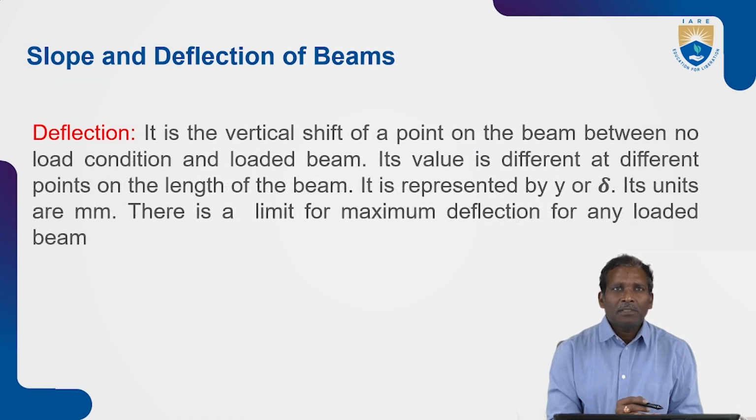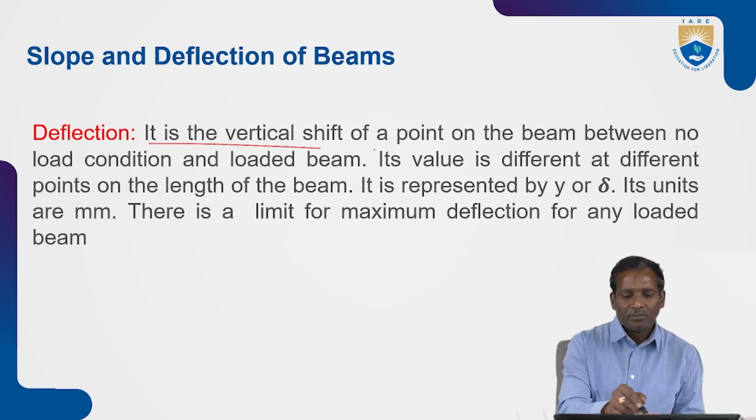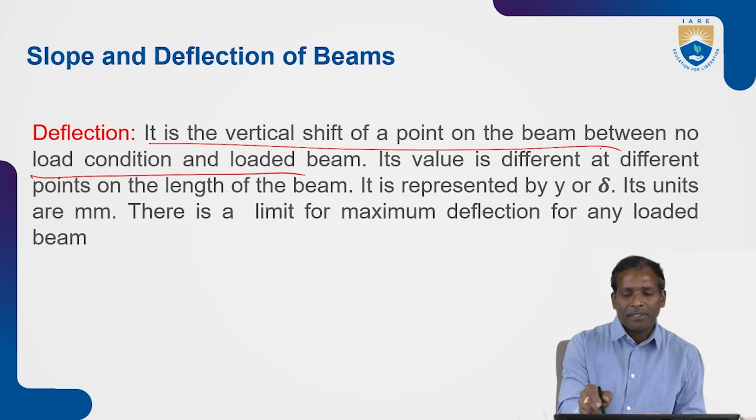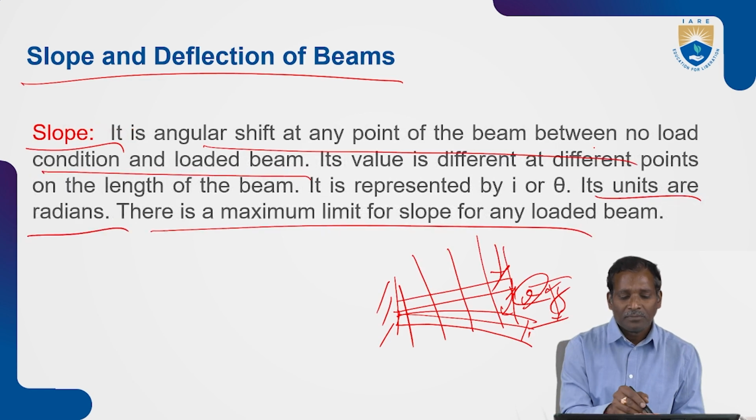The deflection is the vertical shift of a point on the beam between the no load condition and a loaded beam condition. In the previous case this was angular shift.